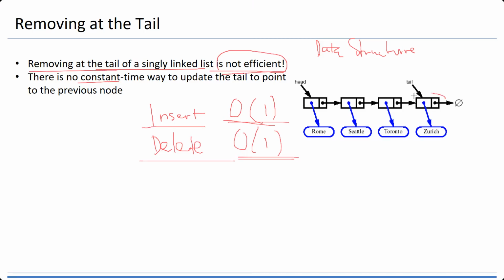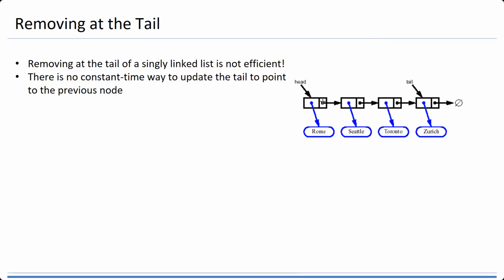So when we want to remove this one, it is not easy, because you want to update the tail to point to the previous node. So we want to know which node is the tail.